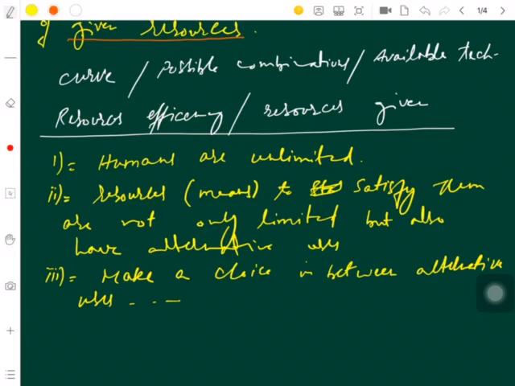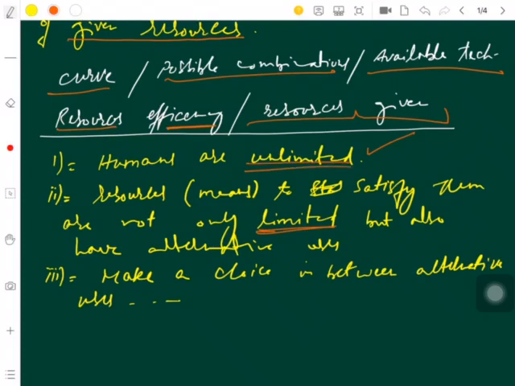Look at the screen or your board, what it is saying. From the definition of the production possibility curve, this curve is going to give us possible combinations with the help of available technology, which is to be used efficiently, and the resources which are given. From the previous lecture, we got to know human wants are unlimited, resources to fulfill those wants are limited, and we have to make a choice between alternative uses.